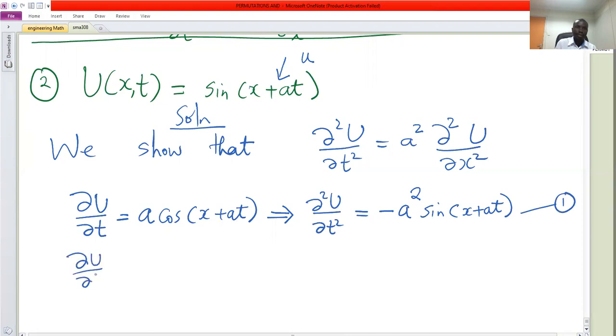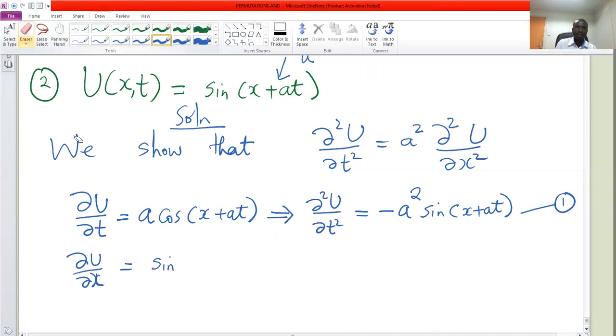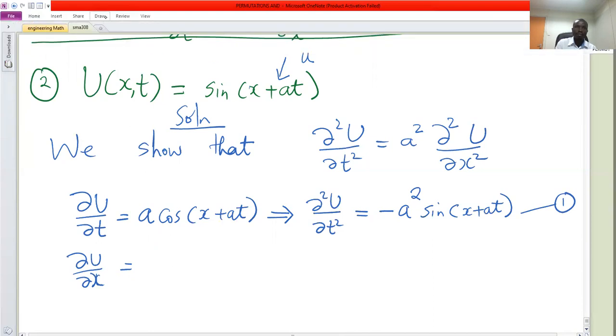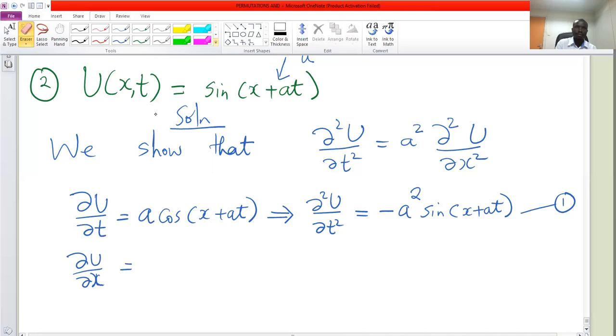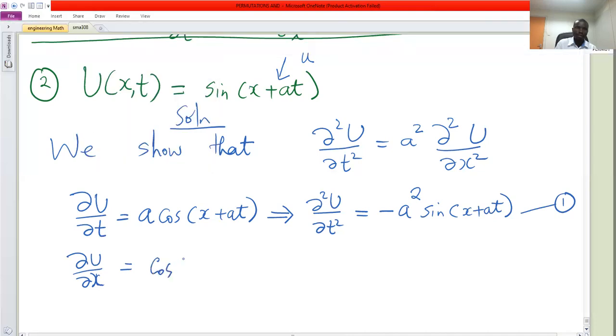Partial u partial x will be, differentiating a sine function, you get a cos function. When you differentiate inside here with respect to x, we get 1. So 1 times this gives us just cosine of (x plus at). Now this implies that partial squared u partial x squared: differentiate this one again with respect to x.